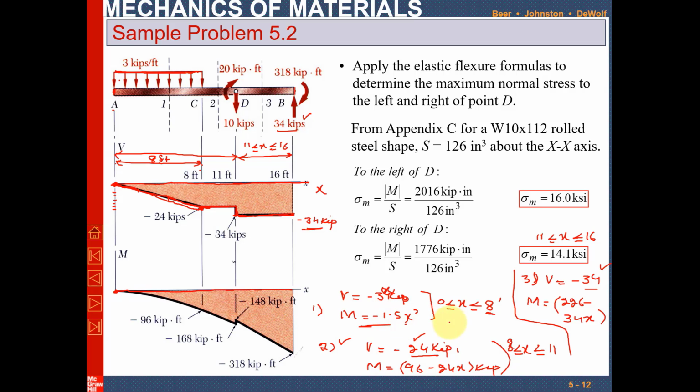Now at x is equal to 8, if you take the square of 8, that is 64, and multiply by minus 1.5, it will give you minus 96.